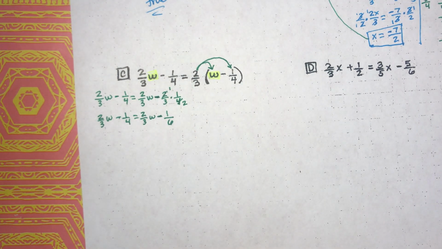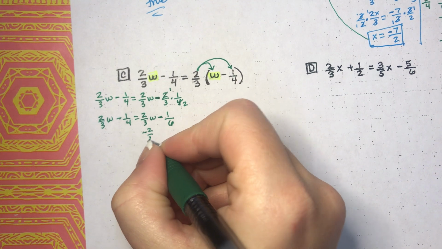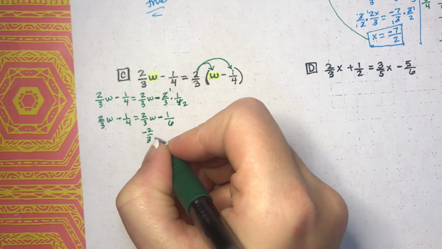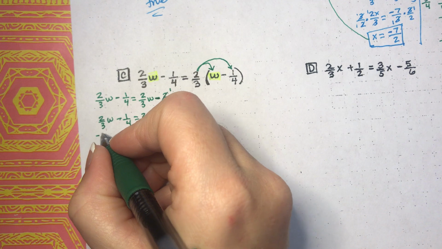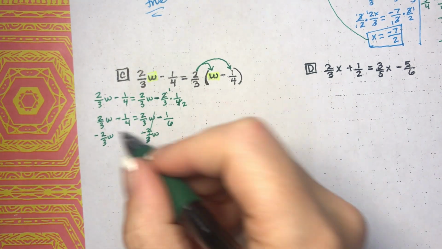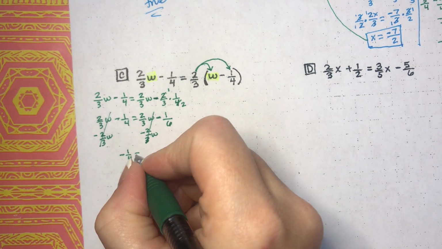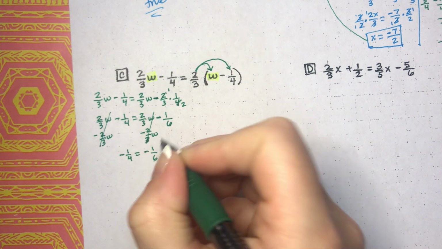Now we are going to get the variables on the same side by moving the smaller one. They're the same, so I'll just move this one over. Negative 2/3, it's positive, so the inverse operation would be a negative. So this cancels, and what we're left with is negative 1/4 equals negative 1/6.